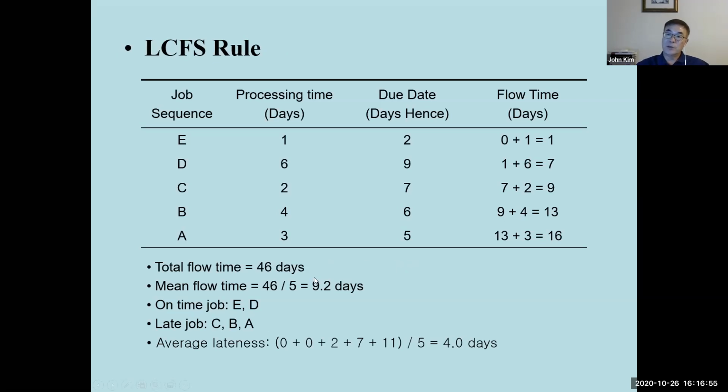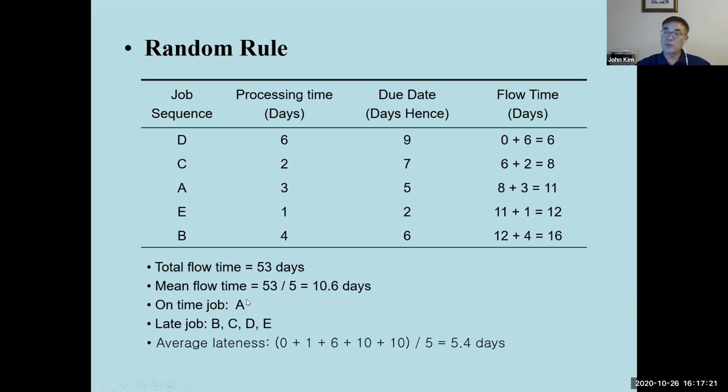If we use LCFS, back order like E, D, C, B, A, then total flow time 46, 9.2 mean flow time, 2 jobs meet the due date, others miss the due date, 4.0 average lateness.